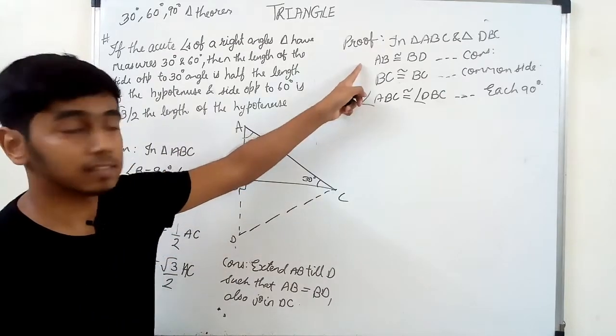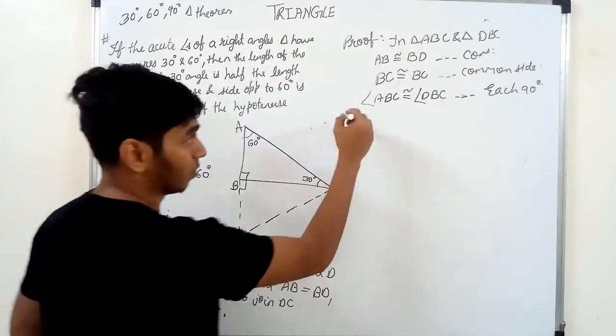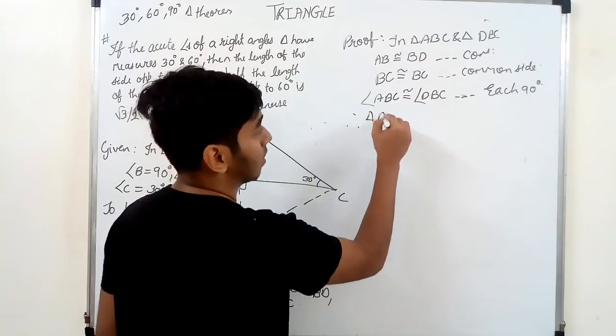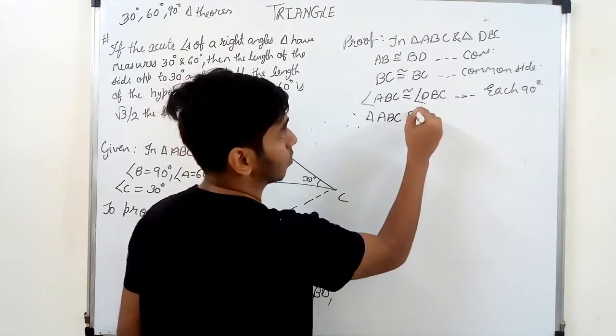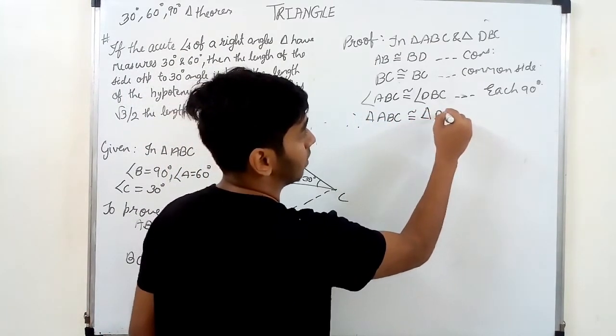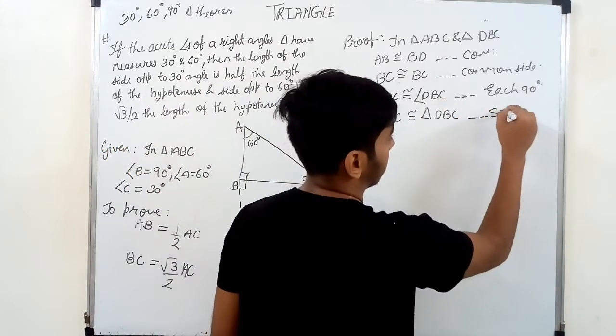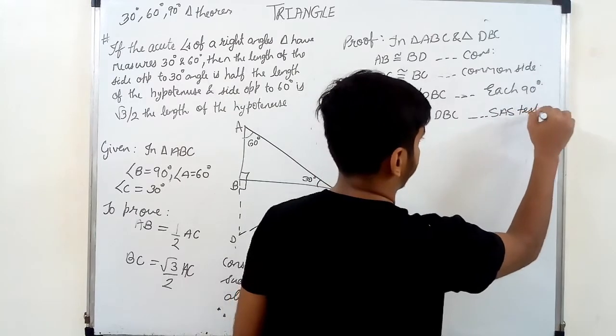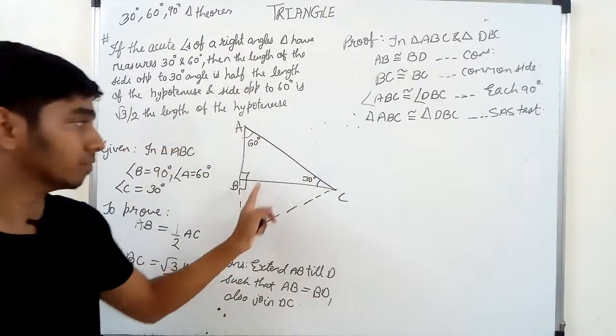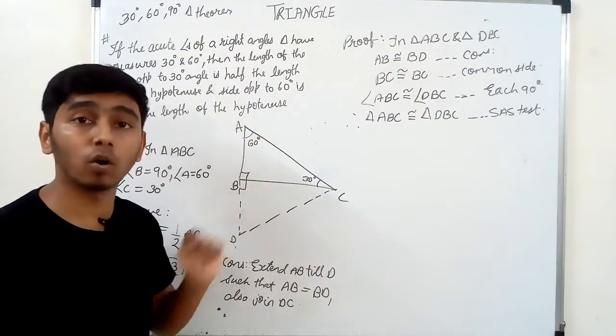Now S, A and S, therefore triangle ABC is congruent to triangle DBC by the SAS test. So we have proved that these two triangles are congruent.